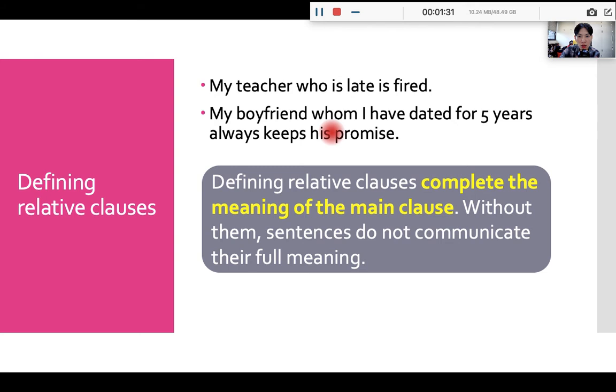So the relative clause here is necessary to help us identify which person you're talking about. So defining relative clauses are necessary because they help you complete the meaning of your sentence. So this is defining relative clauses.